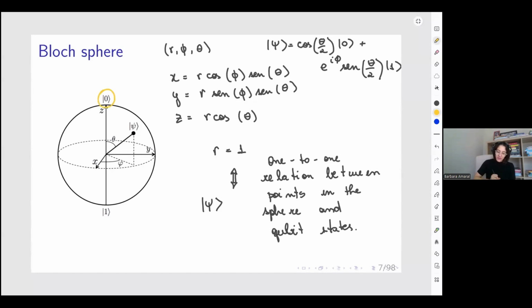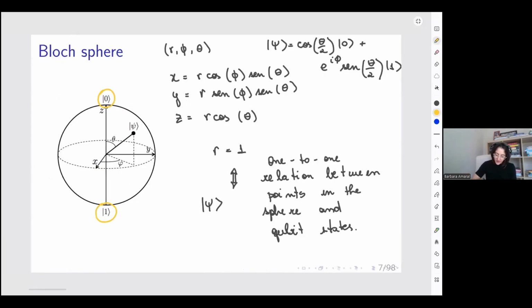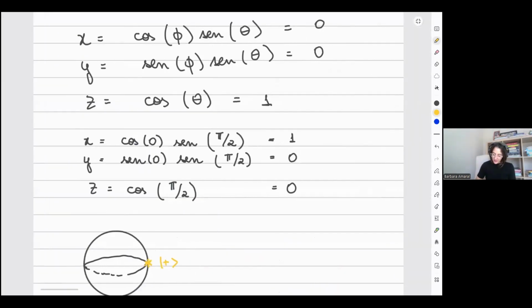So 0 is here as we computed. 1 will be down here, 180 degrees. And according to this, it's a bit different from my drawing over there. Let me change it so we are going to have the same.